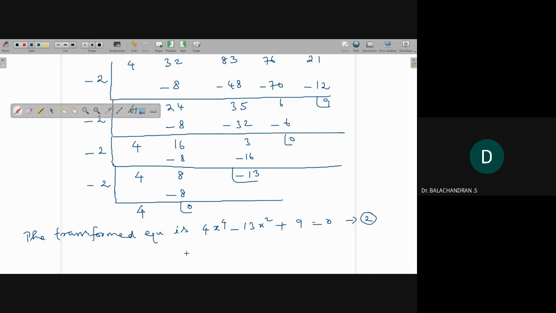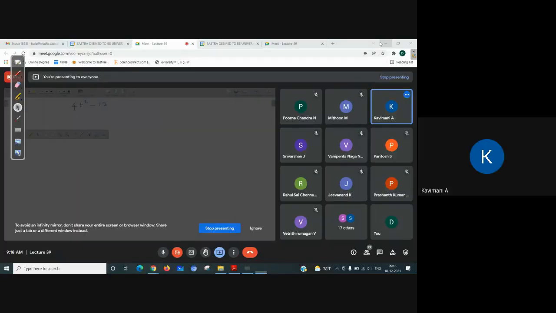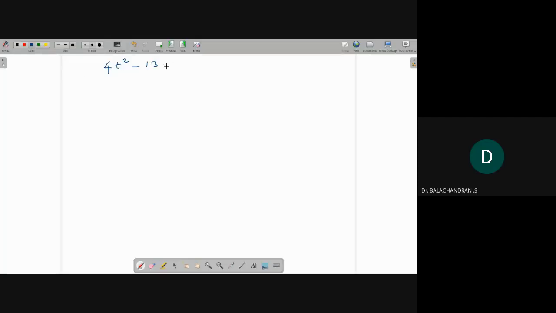Now substitute x square equal to t. So you'll get 4t square minus 13t plus 9 equal to 0.